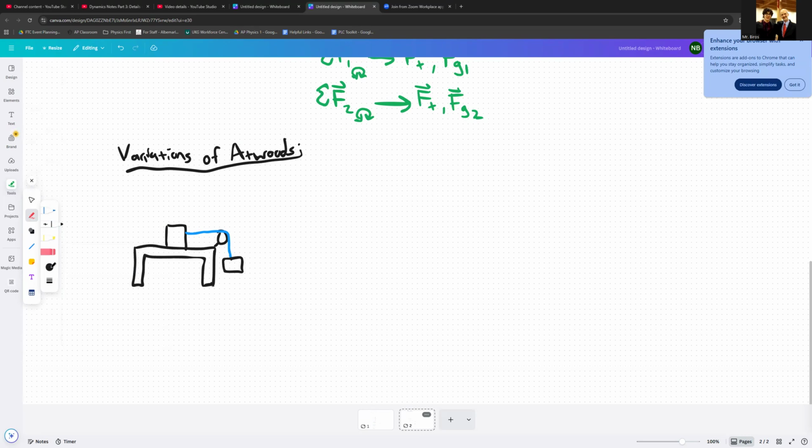And because there's pretty much always no friction, unless you were told there was friction on the table, in which case we could account for that, but usually there's no friction on the table, you'd still have, for relevant forces, object number two and the force of gravity Fg2 like this.